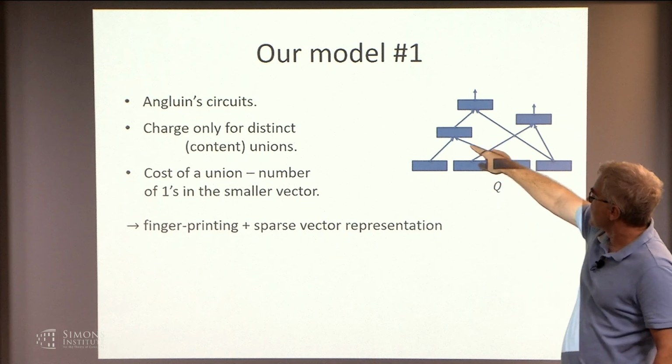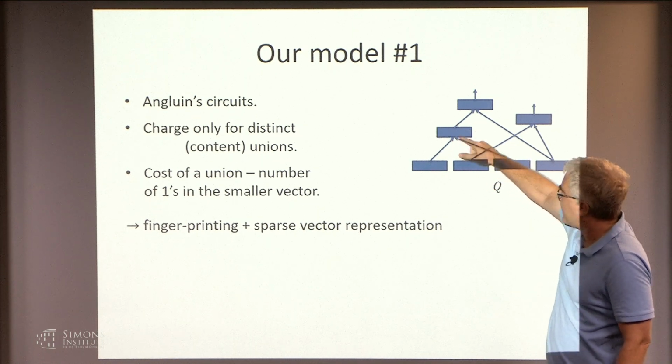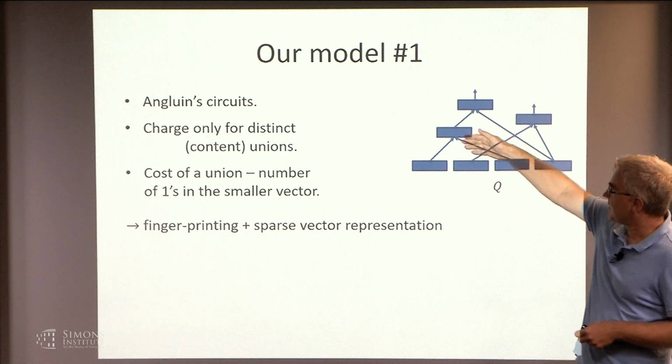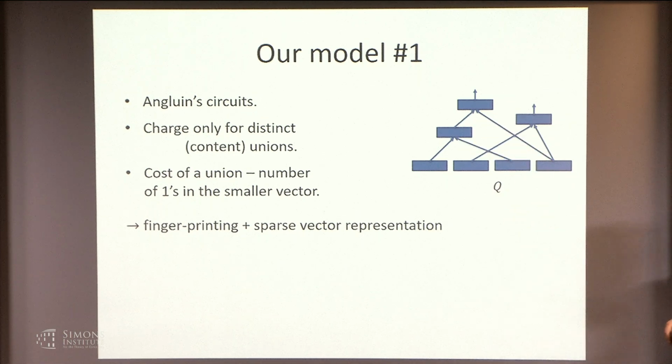So instead of taking the cost of each operation to be n, because it's an n-bit vector, we think, well, maybe you use a sparse representation for these vectors. So we are just going to charge you the minimum of the Hamming weights of the two vectors which come into the action. That basically corresponds to having a sparse vector representation.